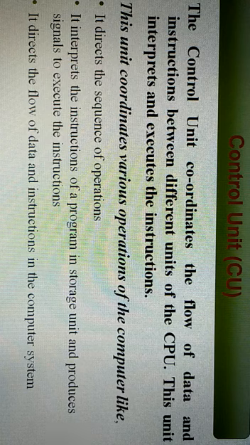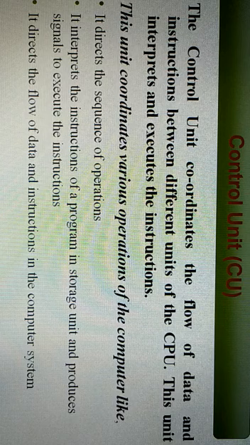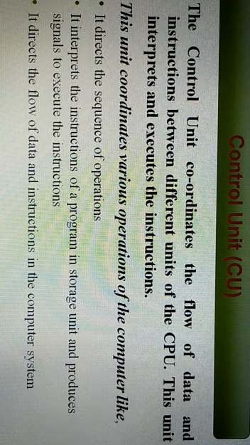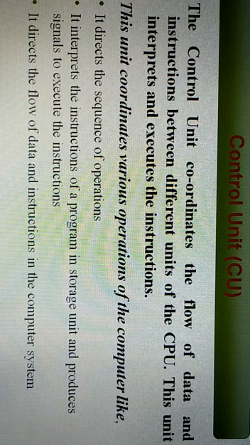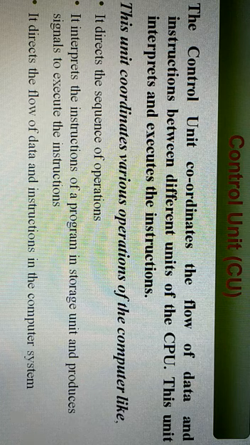The operation code is separate and the operand is separate, and then it instructs the ALU to process the instruction. When the ALU processes the instruction, it gives the output, and that output is fetched from the ALU to memory again, to be executed. So in such a way, the main functions of the control unit are to fetch and decode the instructions.